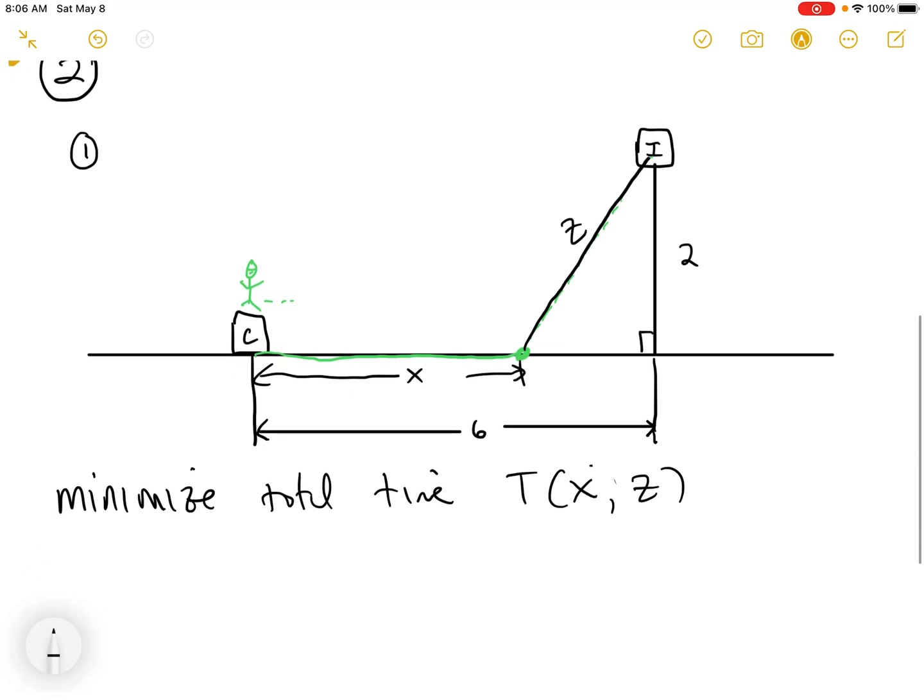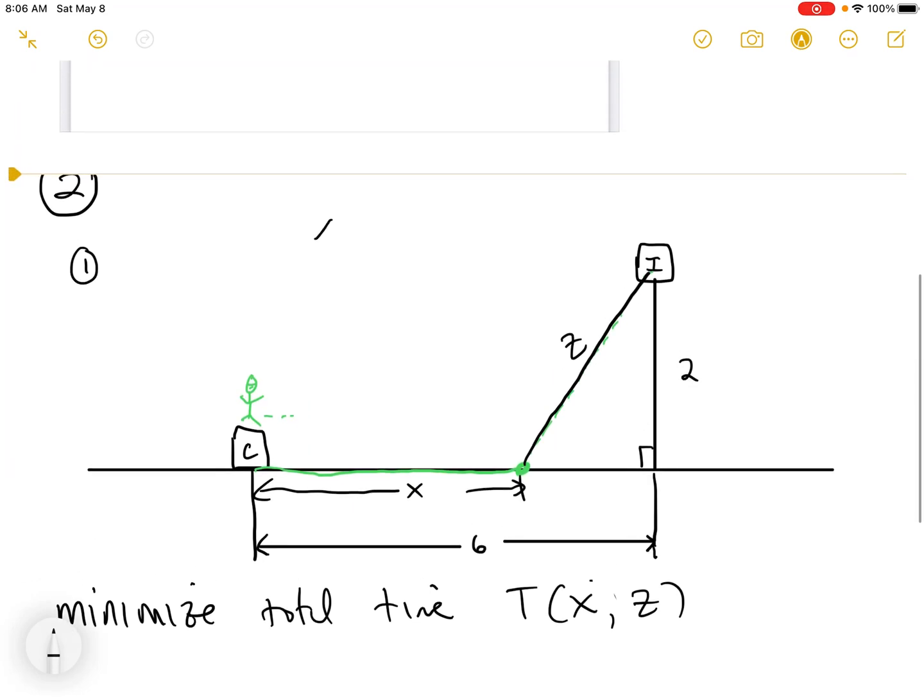Okay. So let's write down our variables. So x is distance run in miles, and z is distance swam in miles.